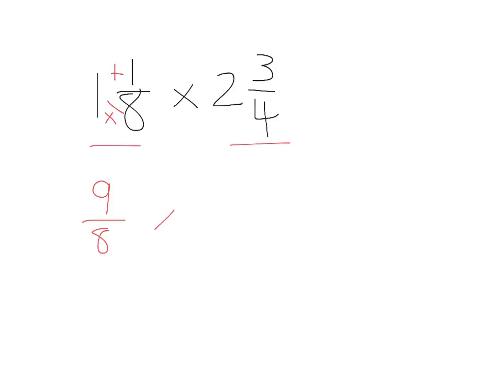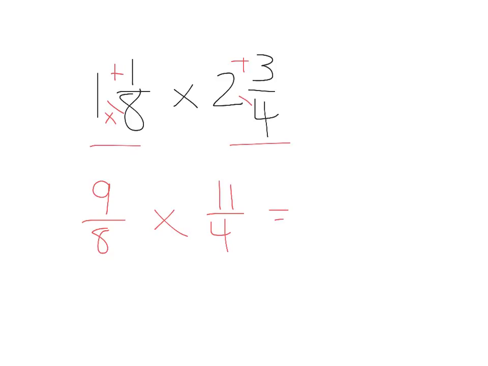And then for over here, same thing. 2 times 4, that's 8, plus 3 more, that's going to be 11/4. Now, unfortunately, it doesn't look like there's any way I can cancel anything out because 9 and 4 don't share a factor, and 8 and 11 don't share a factor.